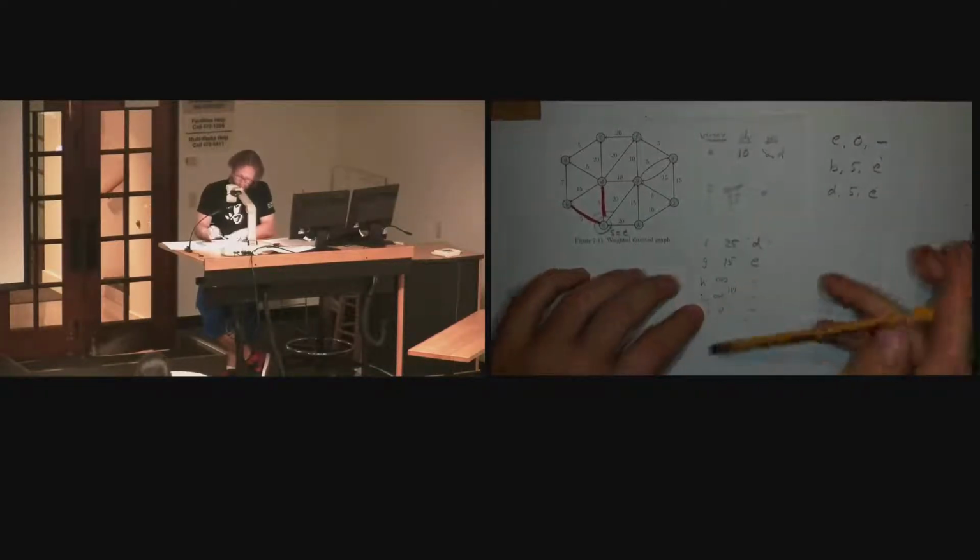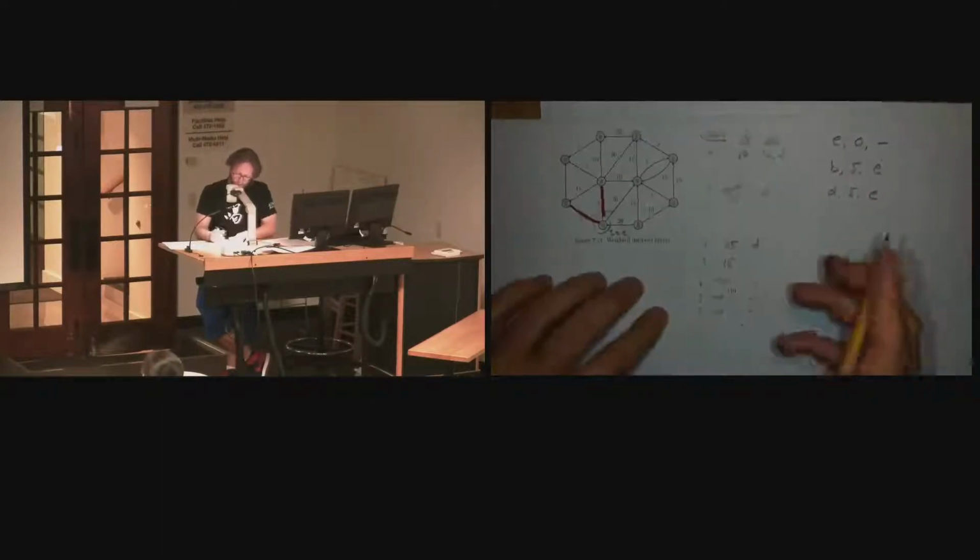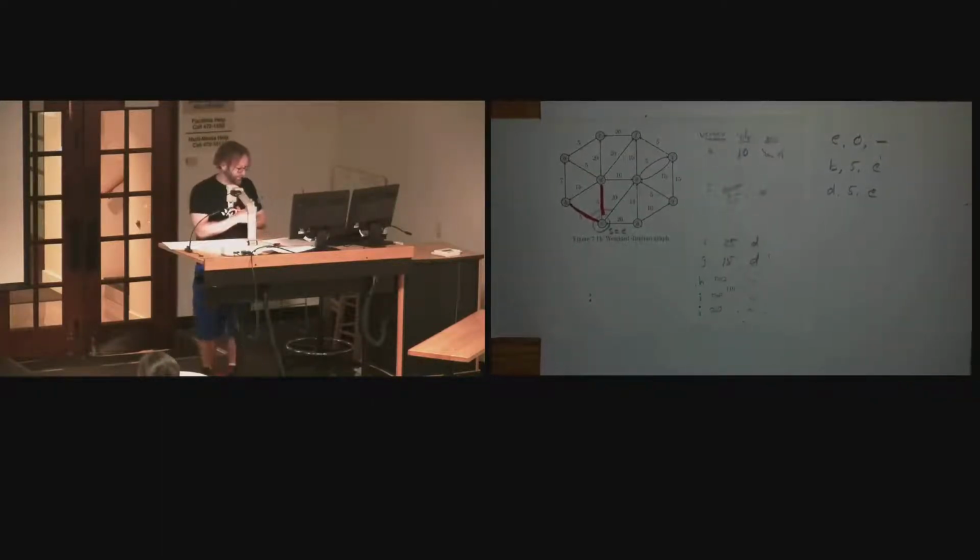And I update my predecessor vertex here to D. I just want to make sure I'm not drawing myself down a bad path here. Okay, we're good.